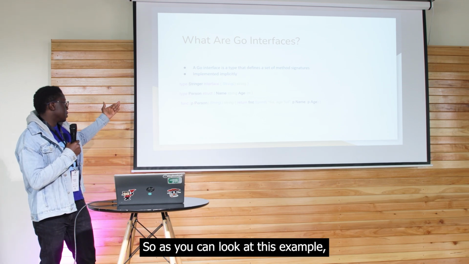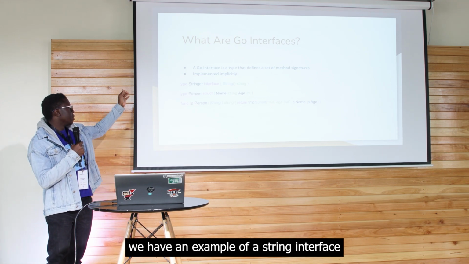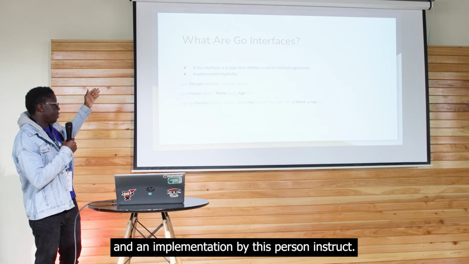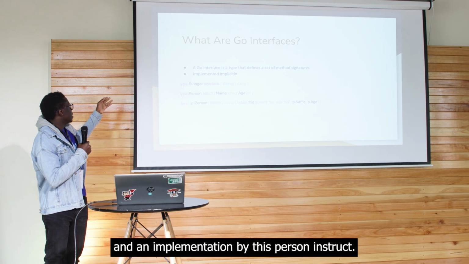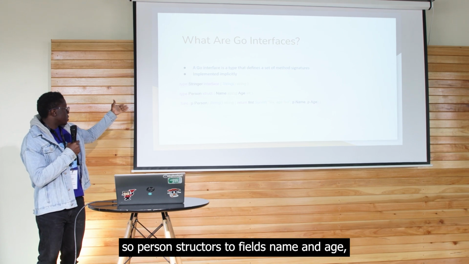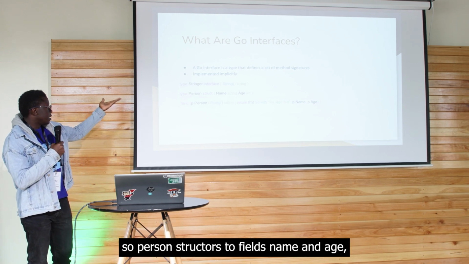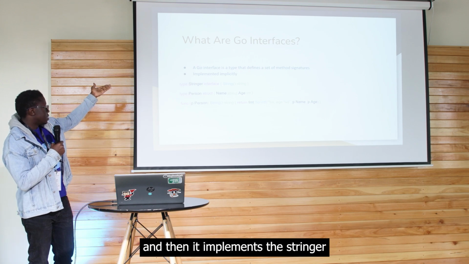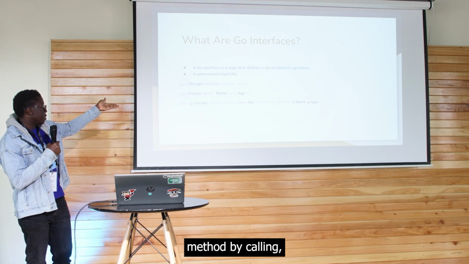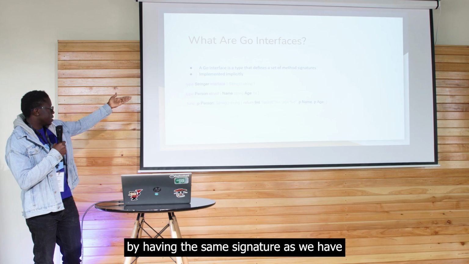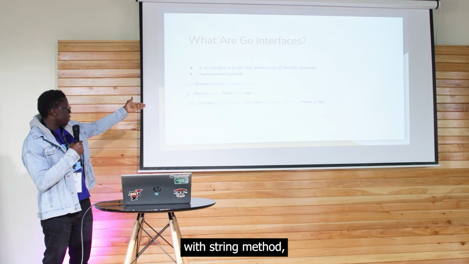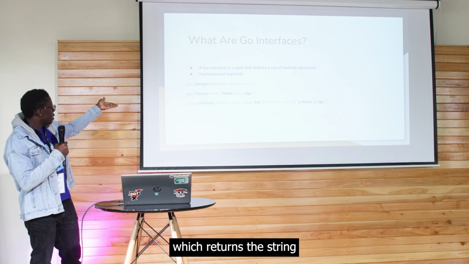So as you can look at this example, we have an example of a Stringer interface and an implementation by this person struct. So person struct has two fields, name and age, and then it implements the Stringer method by having the same signature as we have on the Stringer interface with the String method, which returns a string.